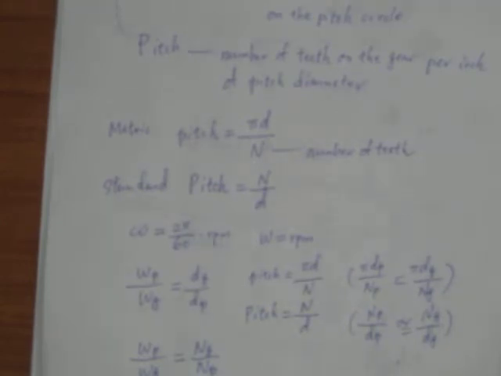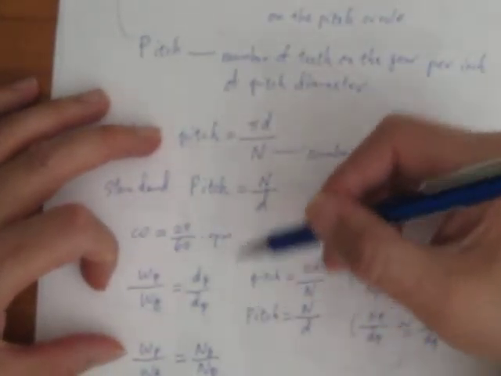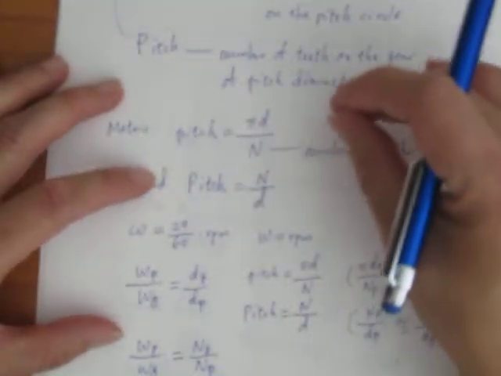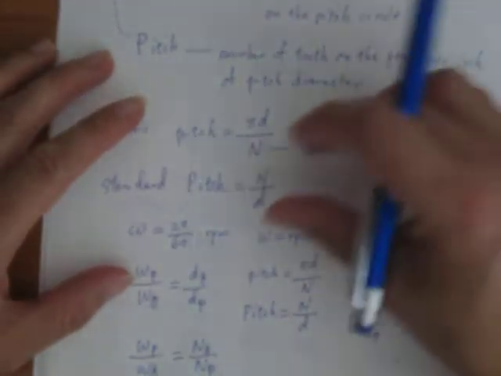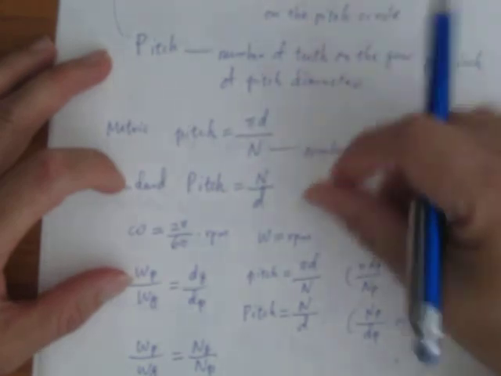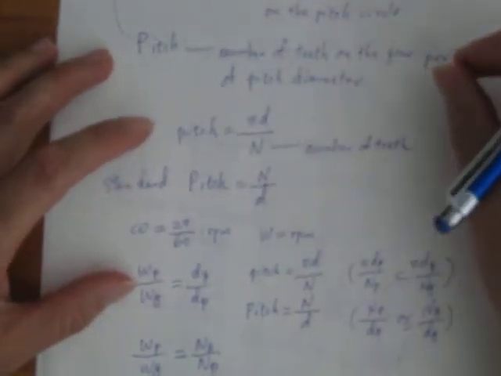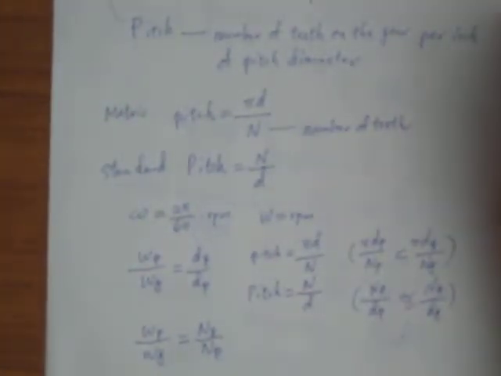And now, since it's standard, this page on the book, there's a chart like you have pitch equal to 1, 2, 4, 6, something like that for standard, and for metric you have like 0.2, 0.4 millimeter, something like that. Okay, let's take a look at an example.